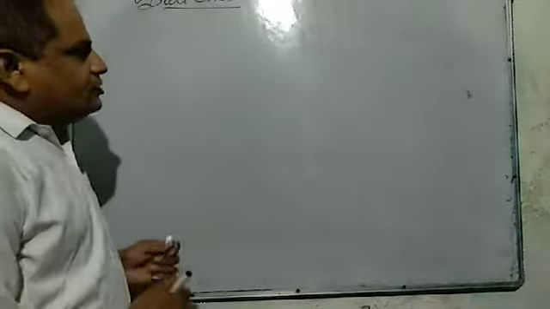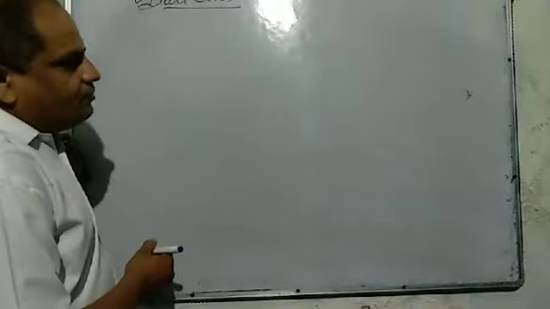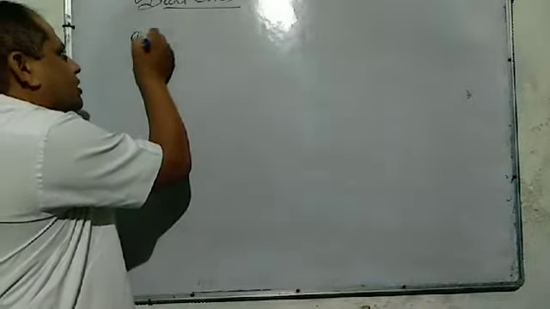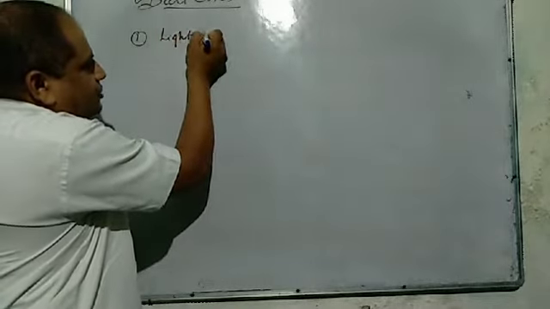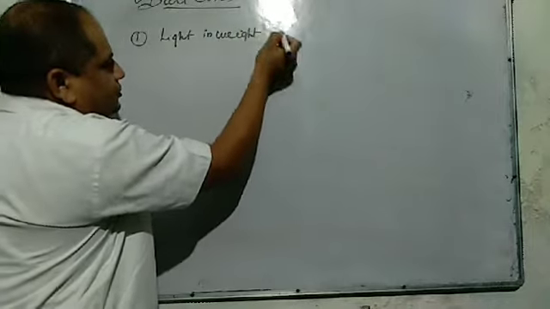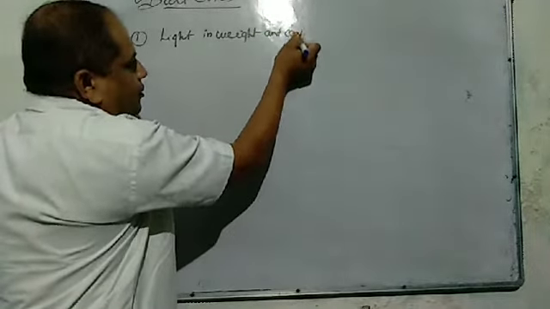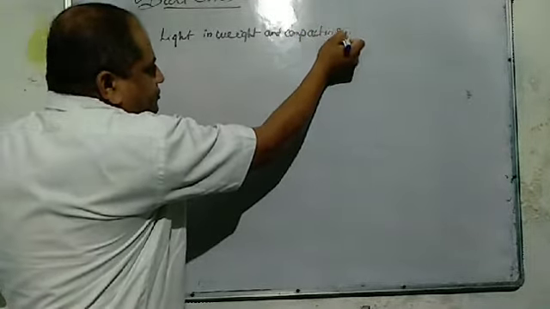A good cell or battery should have the following characteristics. Number one, it should be light in weight and compact in size.